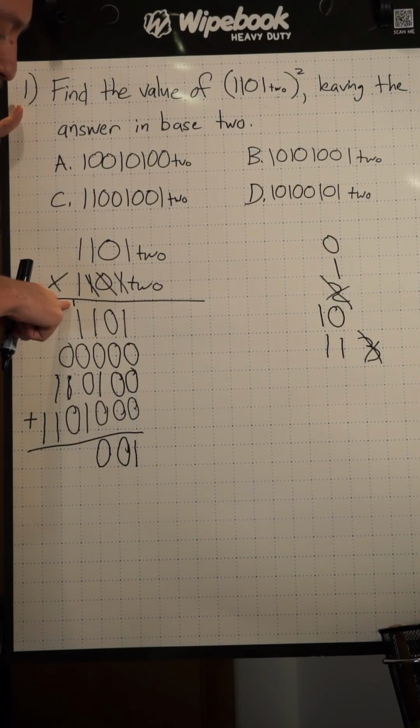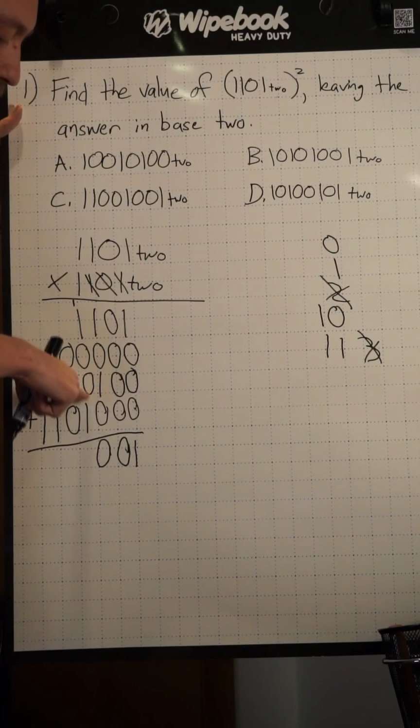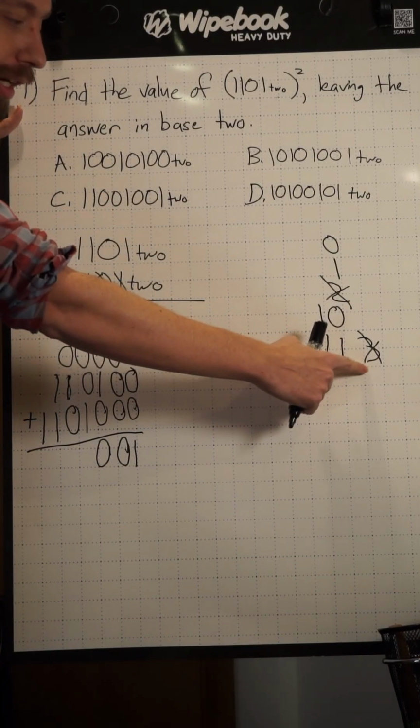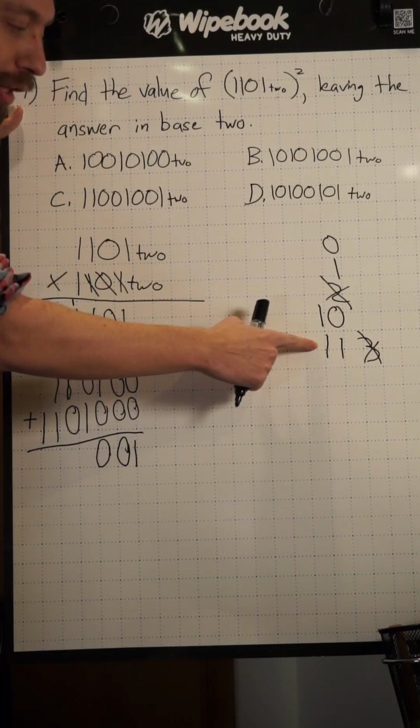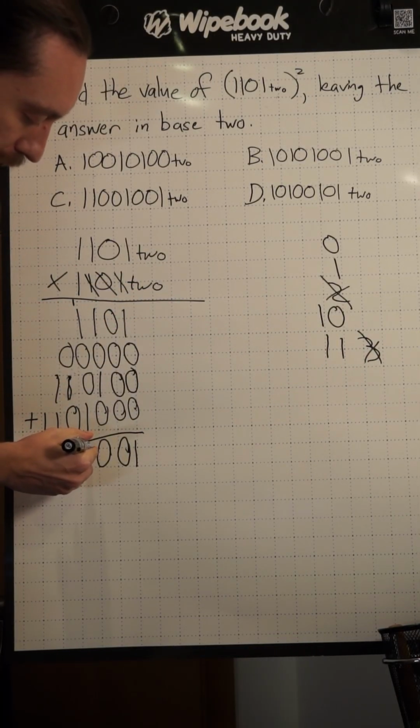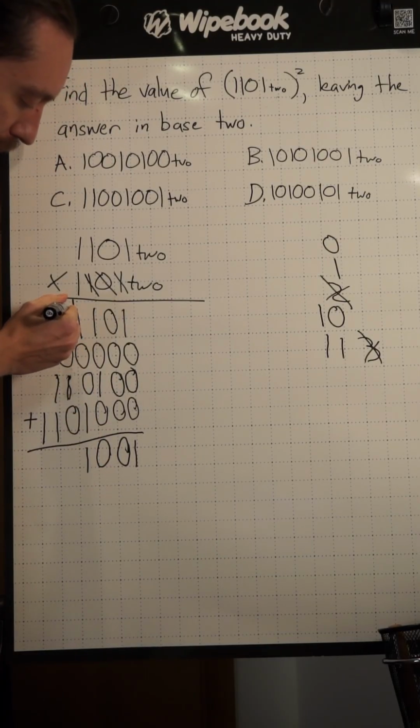We get this 1 that we carried, plus 1, so that's 2, plus 0 plus another 1, so that's 3, right? But again, we cannot just write down a 3 like this. The way that we would write a 3 will look like this. So we'll put a 1 down here, and we'll carry the other one.